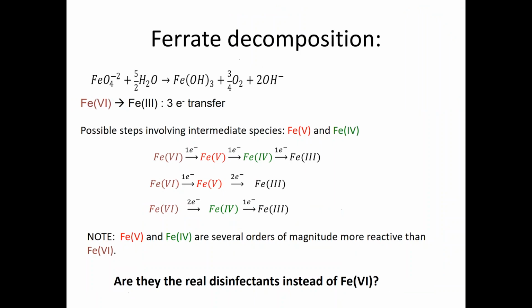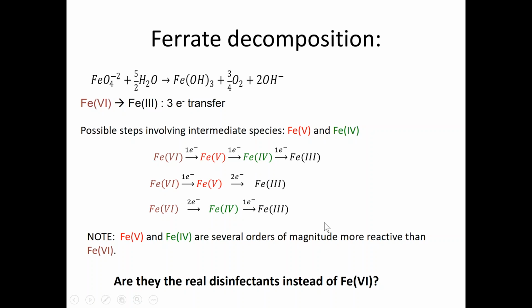All right, so let me move ahead and tell you a bit more about where we're going and some of the important elements of the chemistry and the process engineering. First, just to remind you, ferrate decomposes from the +6 oxidation state down to the +3 ultimately. To go from 6 to 3, it has to pick up 3 electrons, and it can pick them up one electron at a time, or in different stages, 1 electron then 2, or 2 electrons then 1, and this leads to different types of intermediates.